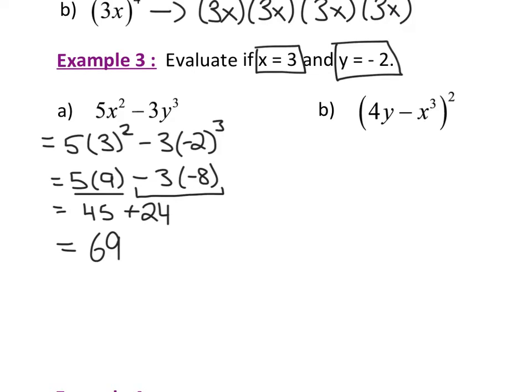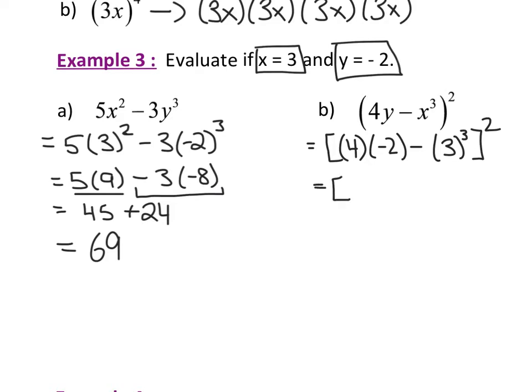Let's take this one up. What I'm going to do is change some of the brackets to square brackets so it's easier to follow along, so it's not brackets on top of brackets, so you don't get confused here. So I end up getting 4 times y, which is negative 2, minus 3 to the power of 3. And all of that is to the power of 2 still.